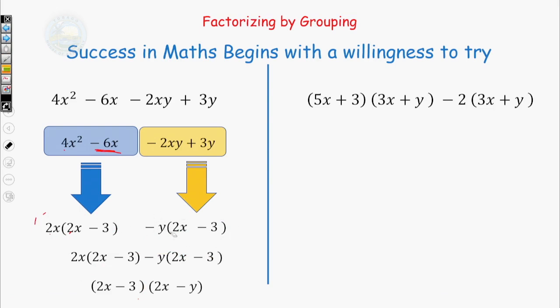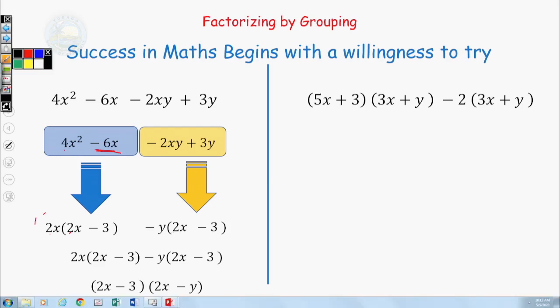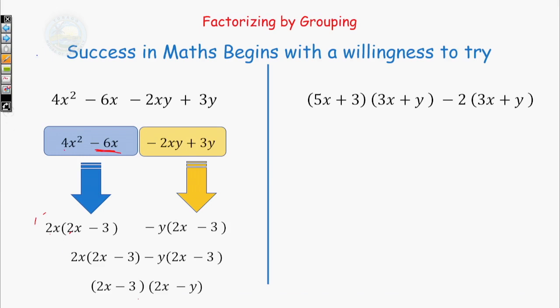When we got down to this part of the problem, here, what we said was that this comprised two terms. Here was a term, and here was another term. In this term, we saw in the brackets 2x minus 3. In this term, in the brackets, there was 2x minus 3.